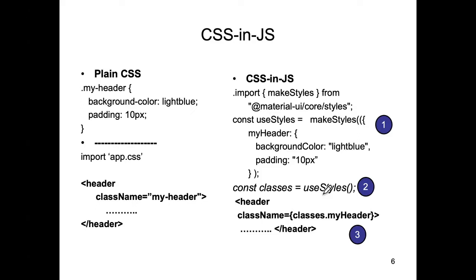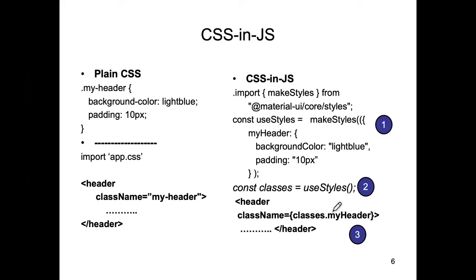So there are the three steps. Write your CSS in JavaScript object notation, pass it to this special function provided by the MaterialUI library. It returns a function as well, so invoke that function. Then what it returns is an object, and use that object within the styling attributes of your components.